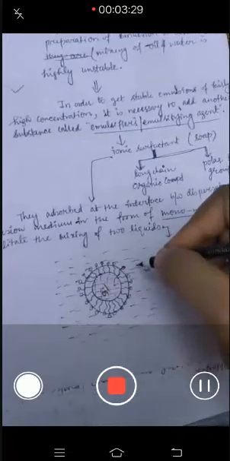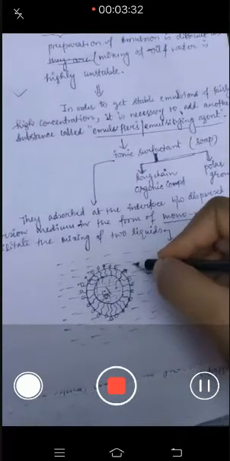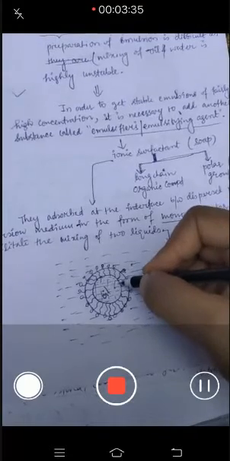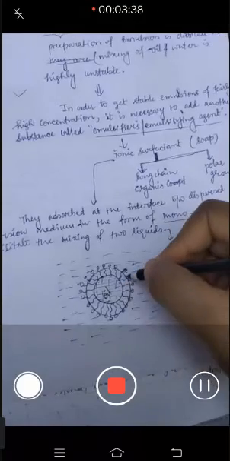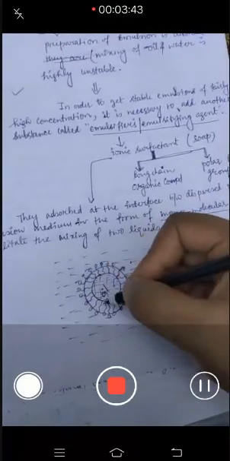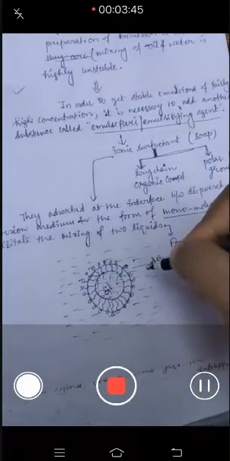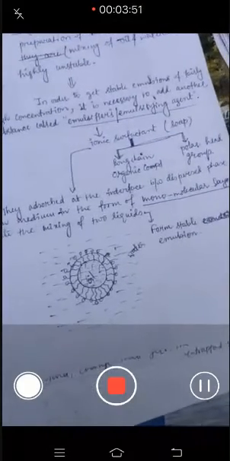This emulsifier orients itself in such a way that the polar side makes contact with the polar water molecules, and the non-polar hydrocarbon part makes contact with the hydrocarbon. That means this third substance is situated like this and forms a stable emulsion, and it is called an emulsifier or emulsifying agent. Basically they are surfactants.